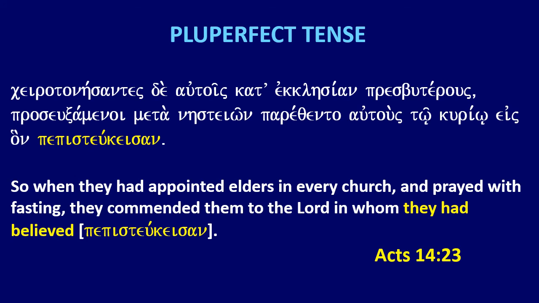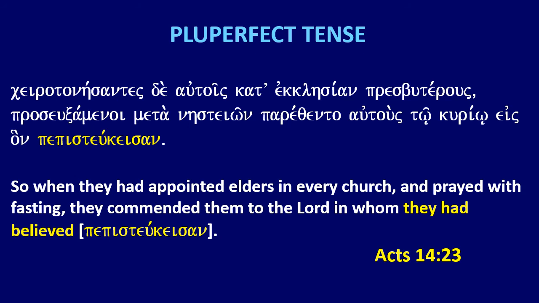So when a narrator tells a story, and that story is already past in terms of the events it's describing, they're past in time, but when that narrator needs to describe something that took place prior to the narrative, he uses the pluperfect tense. And in this case, it's describing this previous action of believing here in this story.